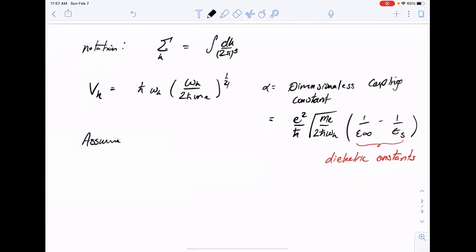So actually, in the original treatment of the polaron problem, and is now standard, one imagines that these phonons are actually dispersionless and just given by a constant frequency, the so-called longitudinal optical mode.